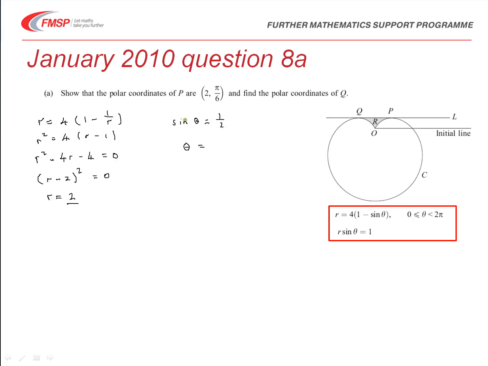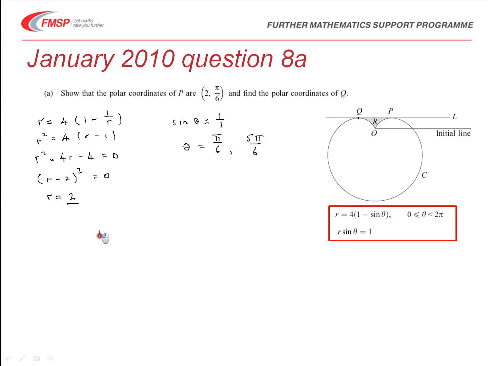Well, theta must be equal to pi by 6, 30 degrees. That's one value. And the next value round, remembering the symmetry of the sine graph about pi by 2, will give you an answer of 5 pi by 6. And that will be the value which will give us the second coordinate that we require, of Q.